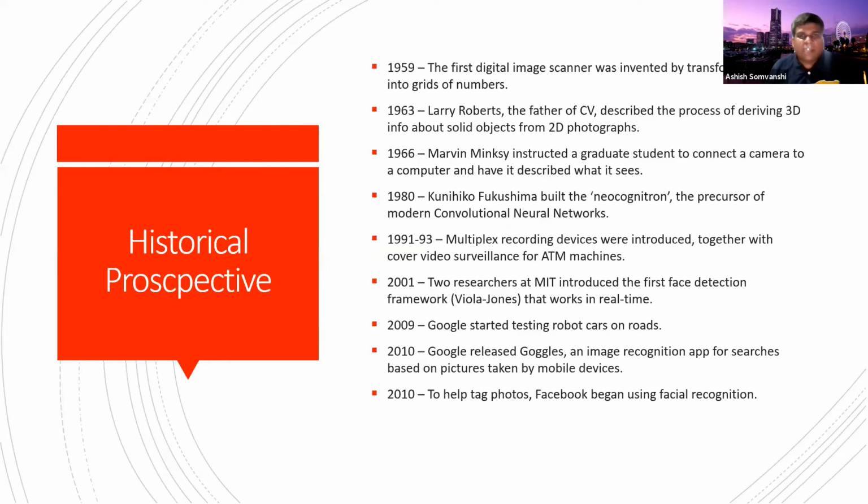This is a bit of historical perspective. In 1959, the first image scanner was invented, transforming images into grids of numbers. Then we move on to 1963 with 2D photographs, and 1966 with connecting a computer and a camera.